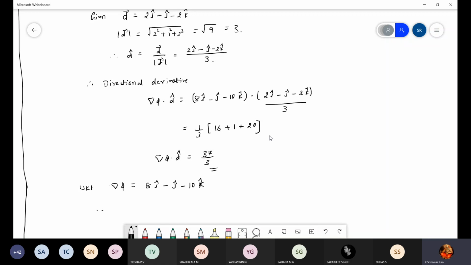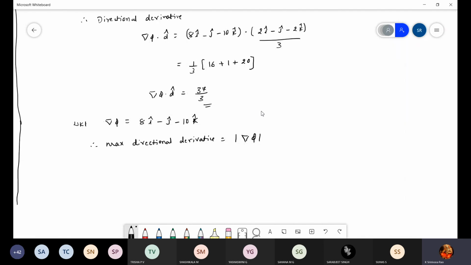Therefore, the maximum directional derivative is equal to the magnitude of grad phi. So just calculate its magnitude now.